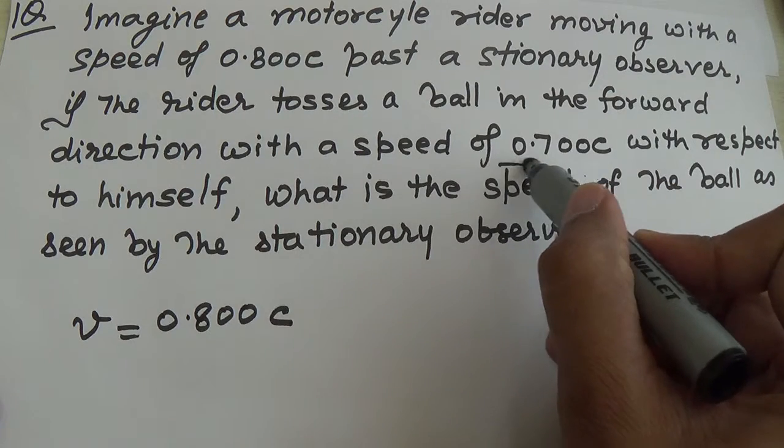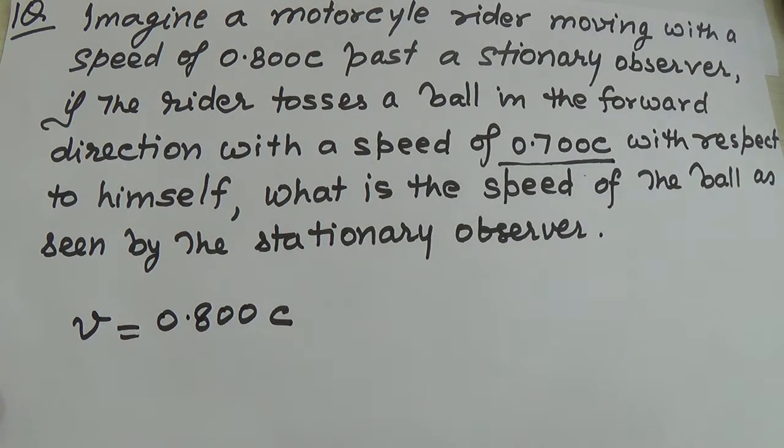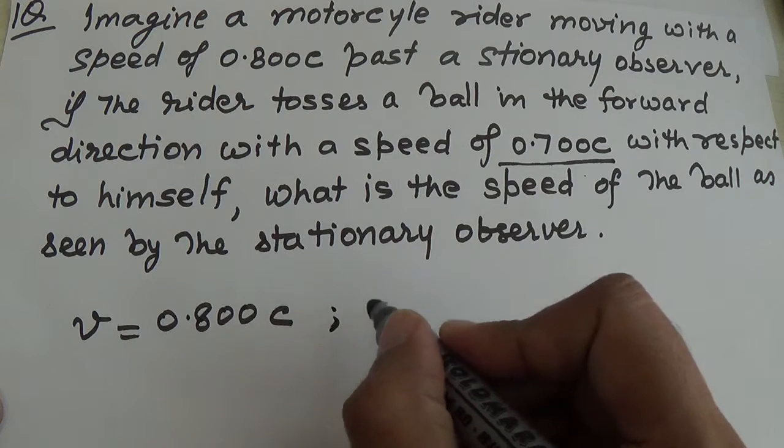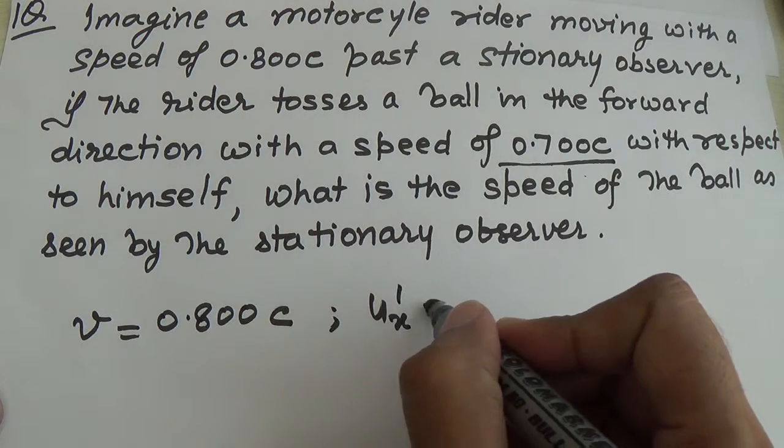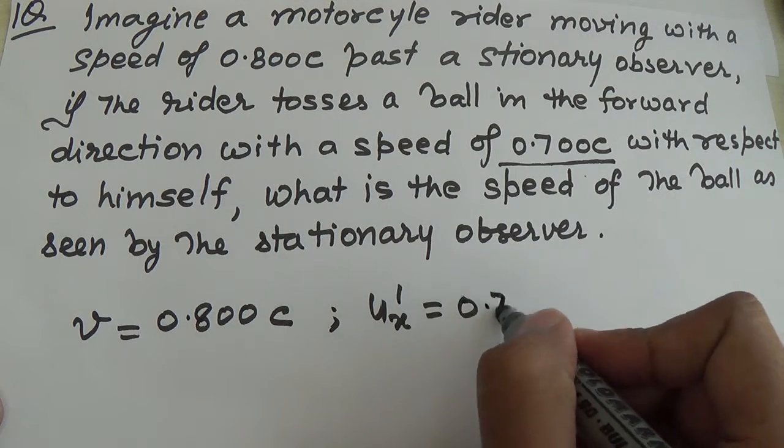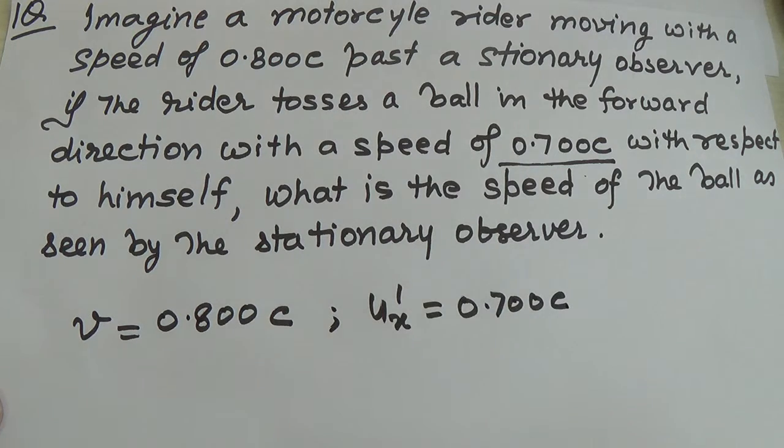You can imagine that this is the speed of the ball with respect to the observer O prime, so ux prime is 0.700 c. Now there are only three variables in this topic.